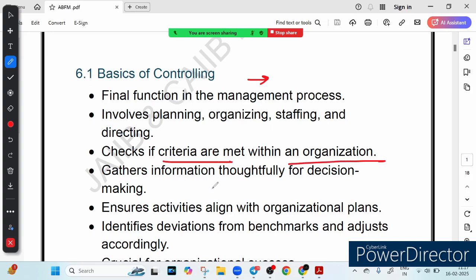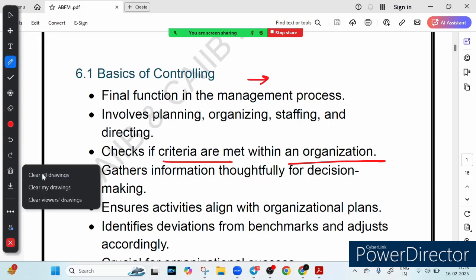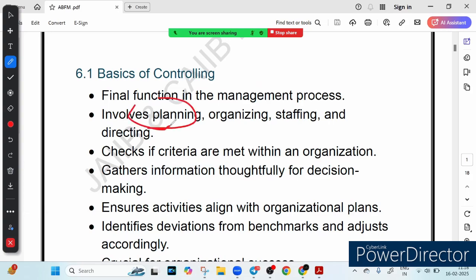So how does it work? First is planning. Planning means deciding where you want to go. Second is organizing, which means arranging resources. The third is staffing and directing, which means assigning the right people. And the last is controlling. Control means keeping an eye on progress and making changes if needed.